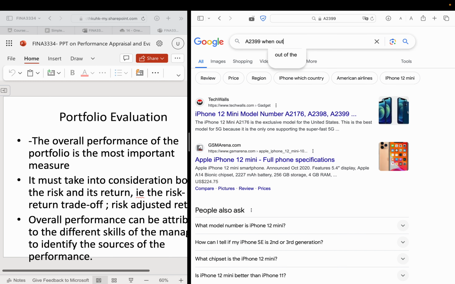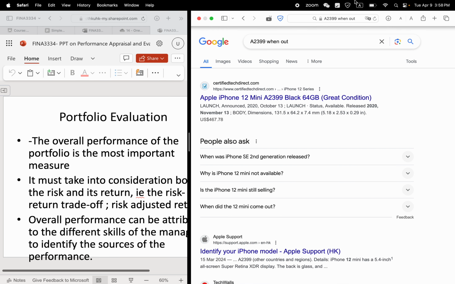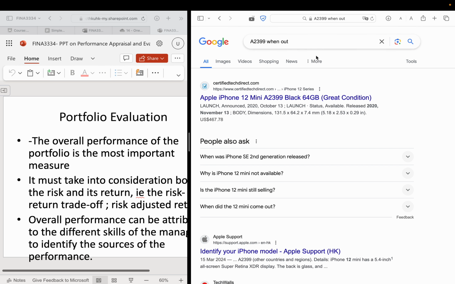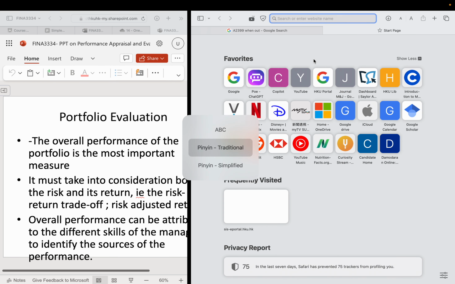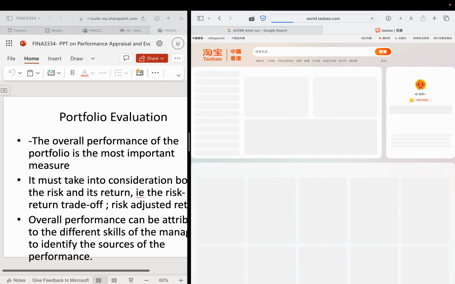Part A was multiple choice, and this is part B. Is this kind of question also going to be asked in the final? No, not in the same format.